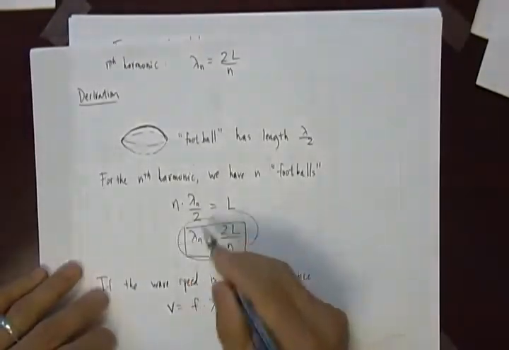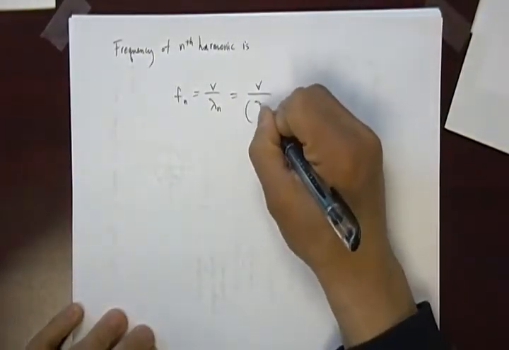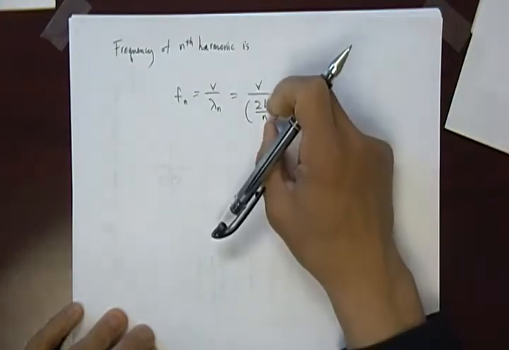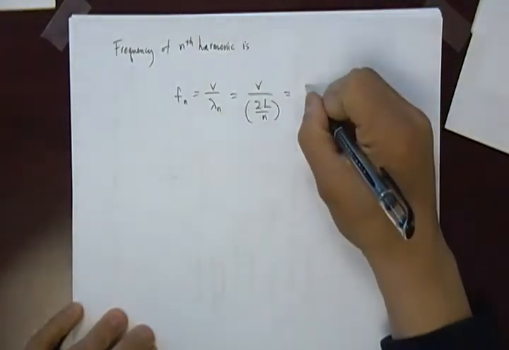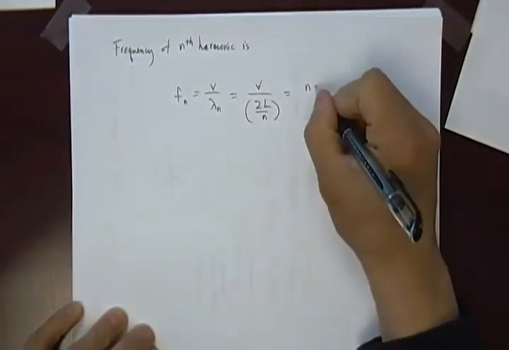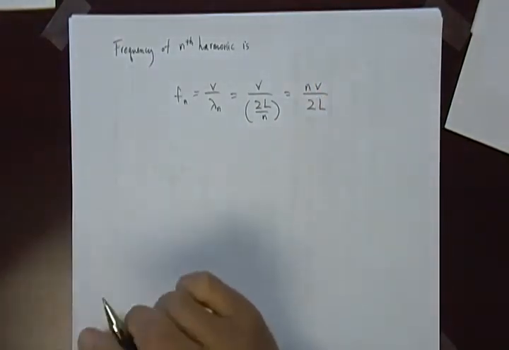It's just a property of the tension and the mass per unit length of the string. Now, we also had a formula for the wavelength for the nth harmonic. It was 2L over n. So let's plug that in, V, and then 2L over n here. It's in the denominator of the denominator, so it's the same as the numerator. And so I have nV over 2L.